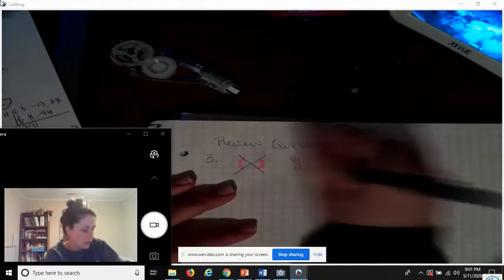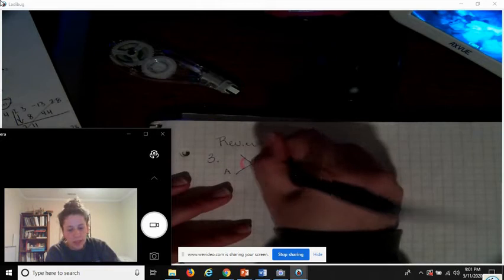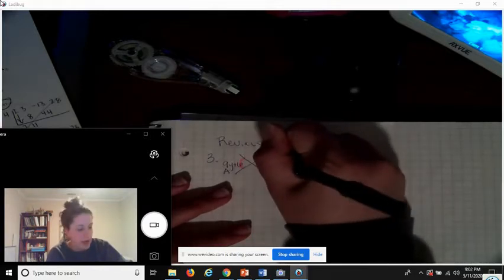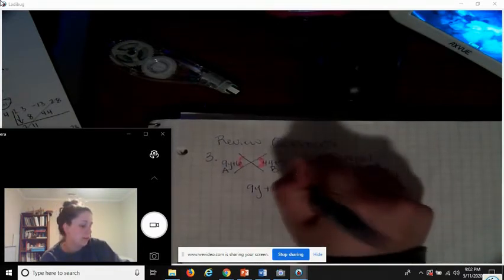So we can pretend that maybe this one is A and this one is B. A was measured as 9y plus 6. B was measured as 4y plus 5. Because they're vertical angles, we can set those two expressions equal to each other. So we say that 9y plus 6 is equal to 4y plus 5.